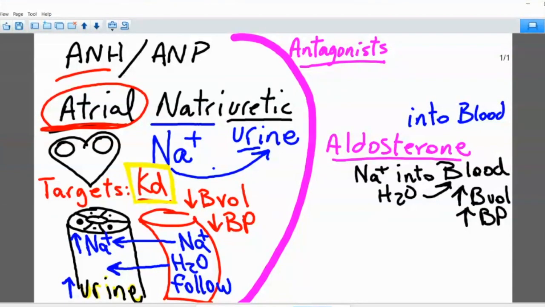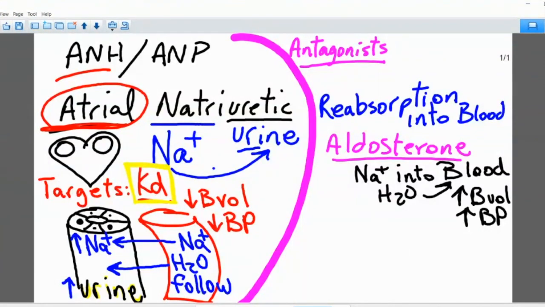If we're in the kidney, and instead of making it urine, we're going to put it back in the blood to raise the blood level. We're going to call that reabsorption. Reabsorption is the fancy medical way to say you're going to move something back into the blood.